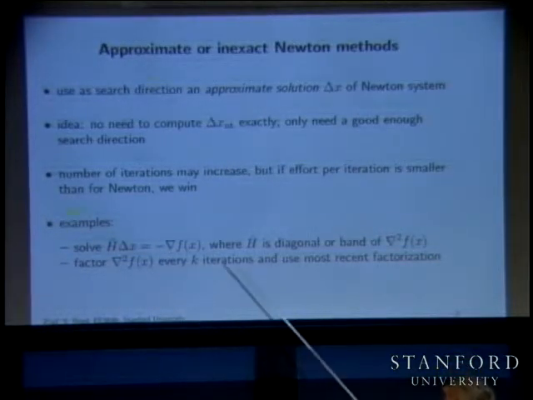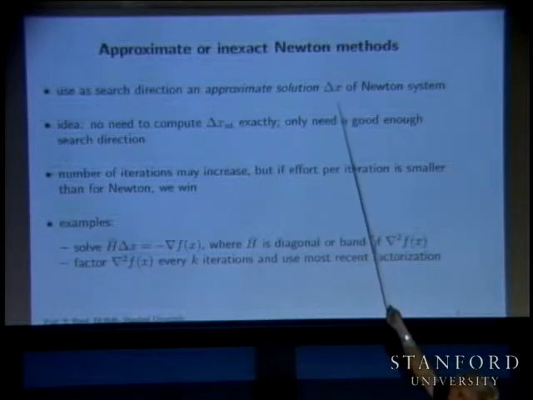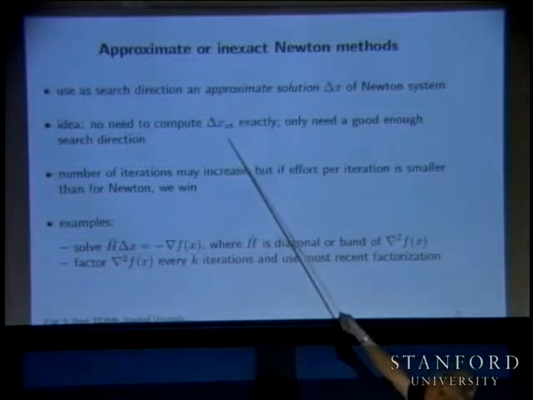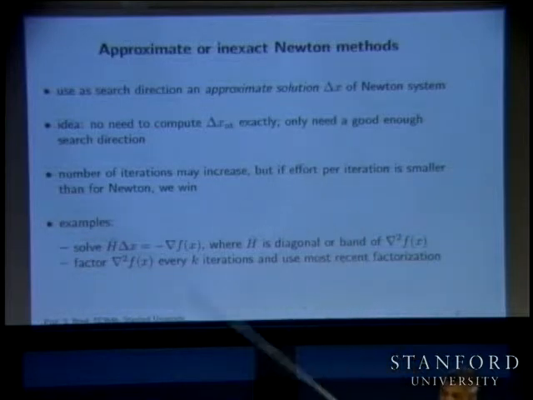So what you really want is to trade off two things. You want to do a fast and sort of crappy job of approximately computing the Newton steps. You want to get a fast delta x. But if it's too crappy a job, then the algorithm is actually going to make slow progress.